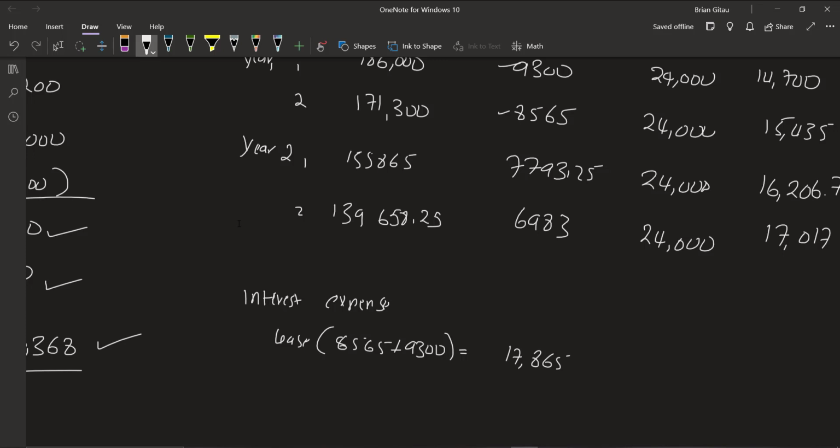Recall we had a loan stock, so the interest is 18,000. So we add the two, 17,865 plus 18,000.